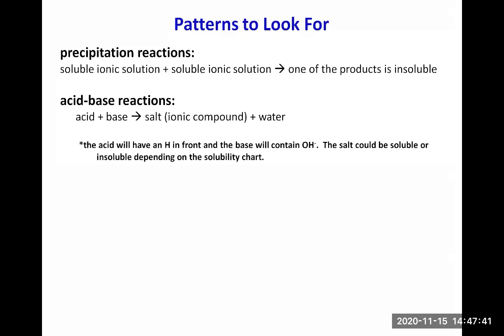So you want to see the H first in the formula for the acid, and then the OH ion in the base formula. The salt that is formed there can be soluble or insoluble depending on the solubility chart. So you may have an insoluble compound, and so it can be at the same time a precipitation reaction and an acid-base reaction.